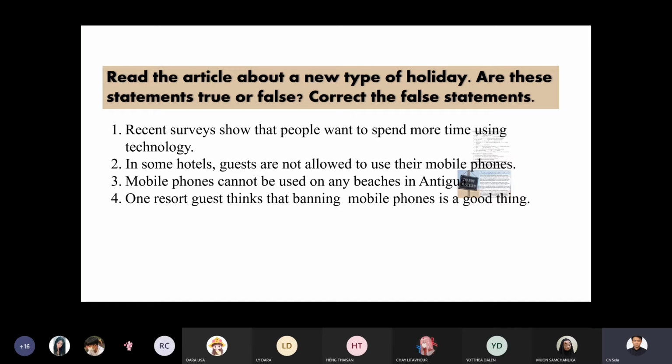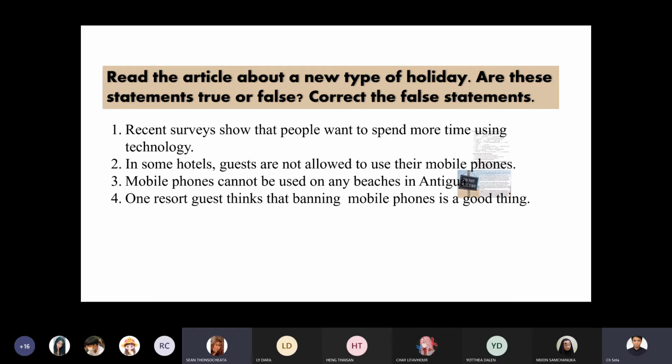All right. So, Chanlika, can you read again, please? Number one until number four. Yes, sir. One, recent surveys show that people want to spend more time using technology. Two, in some hotels, guests are not allowed to use their mobile phones.